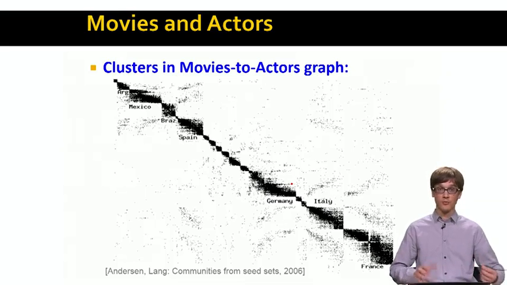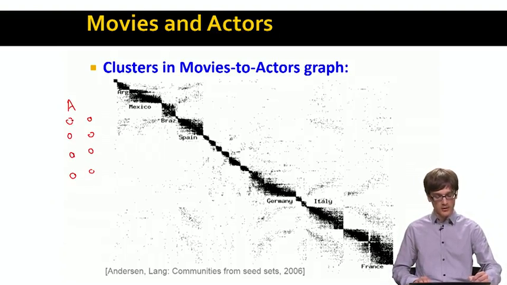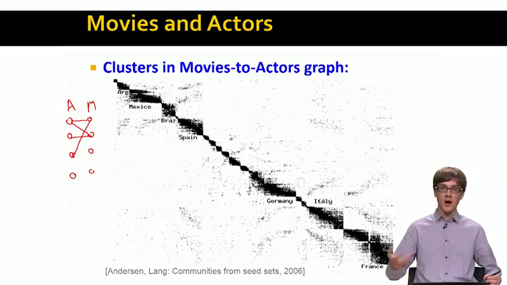Another example where we would want to apply graph clustering is, for example, if you take the IMDb, the Internet Movie Database data, and we create a network where we have, again, a bipartite graph of all the actors and all the movies. And we connect an actor to a movie if a given actor appeared in a given movie, right? So we can think of this graph where actors connect to the movies they appeared in.